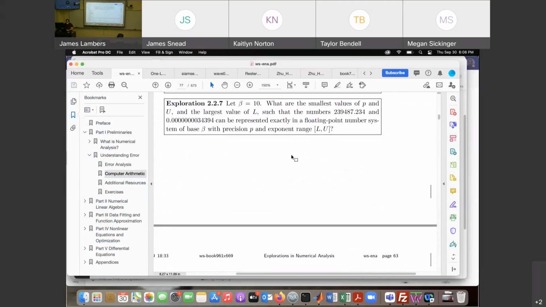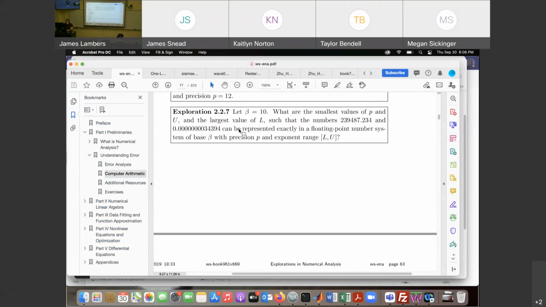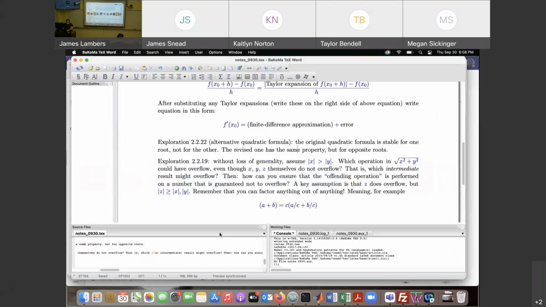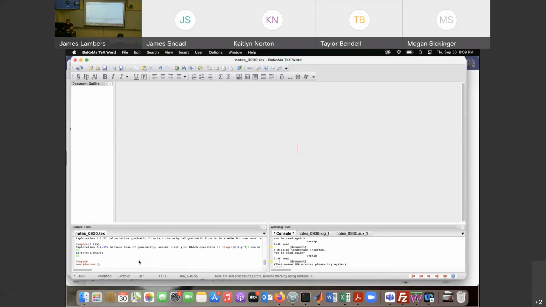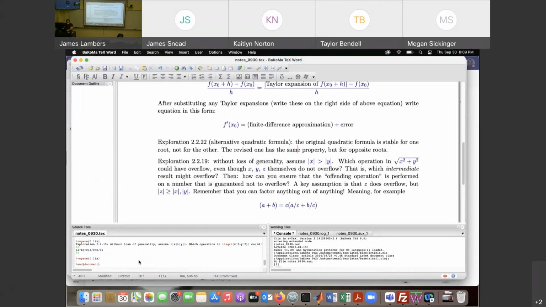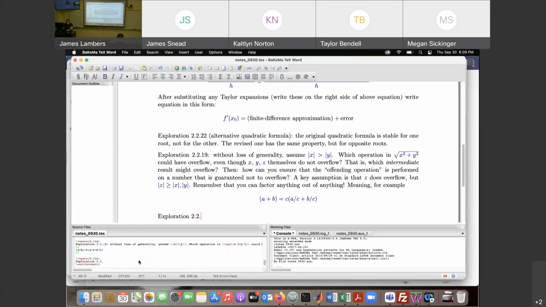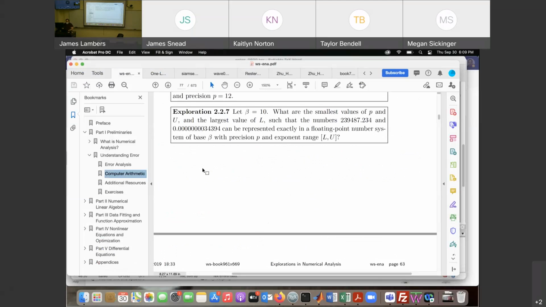One comment I want to make about one of the problems, there has been a question about it. This one right here, 2.2.7. Alright.